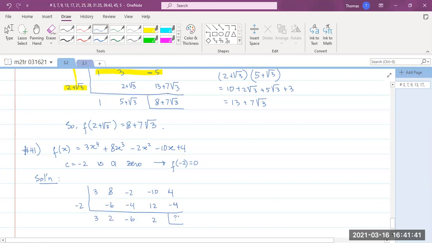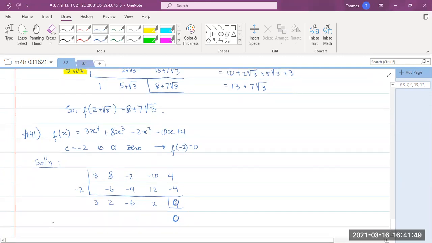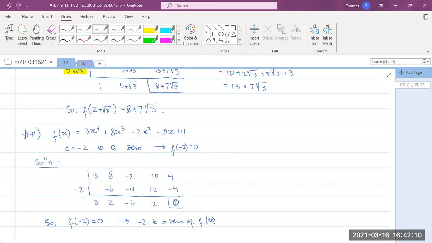Negative 4 plus negative 4 is 0. So by the remainder theorem, f of negative 2 equals 0. Negative 2 is a 0 of that f(x). Okay, that's for number 41.